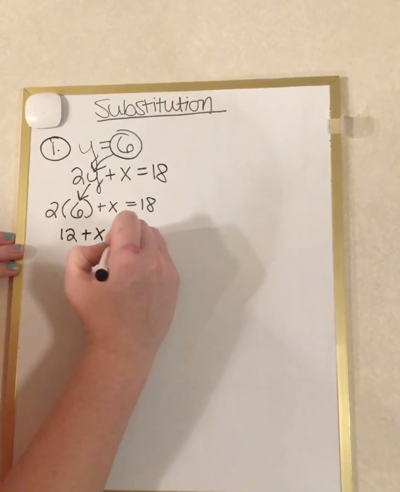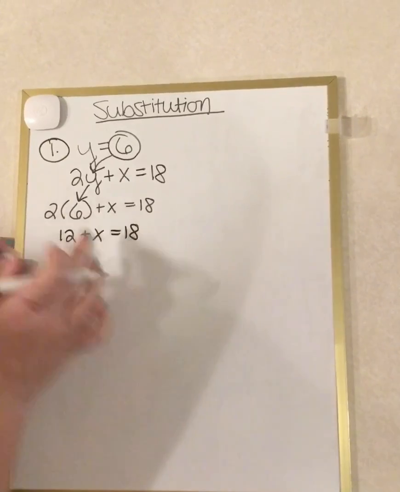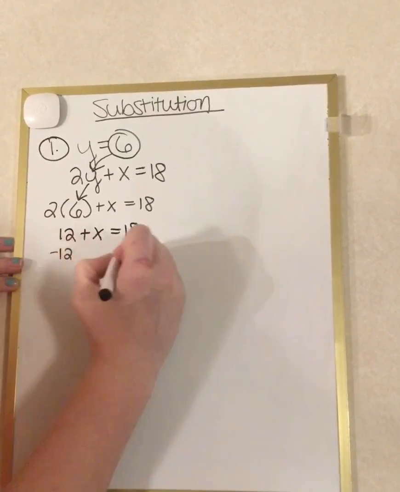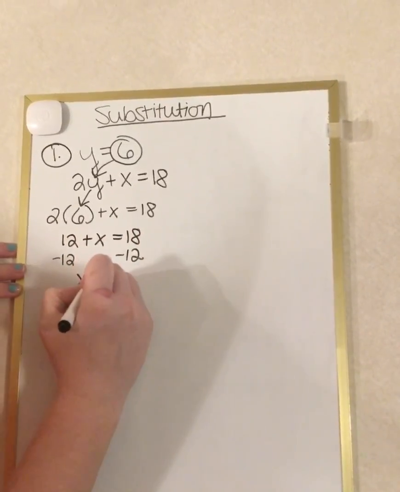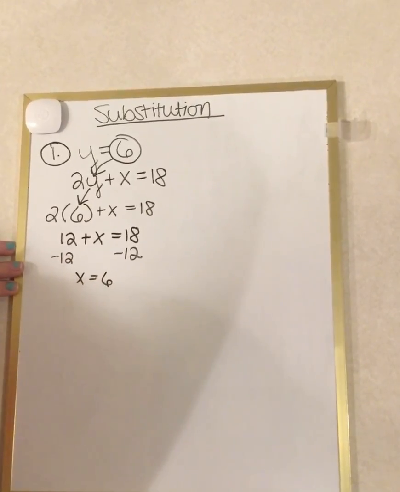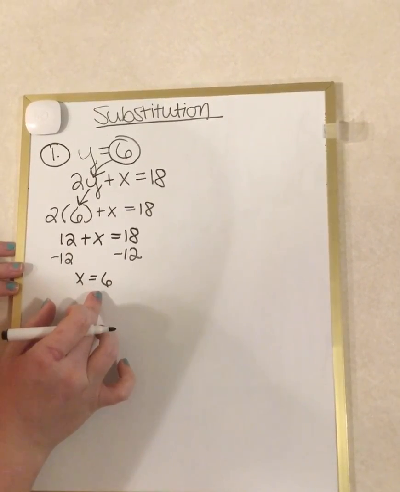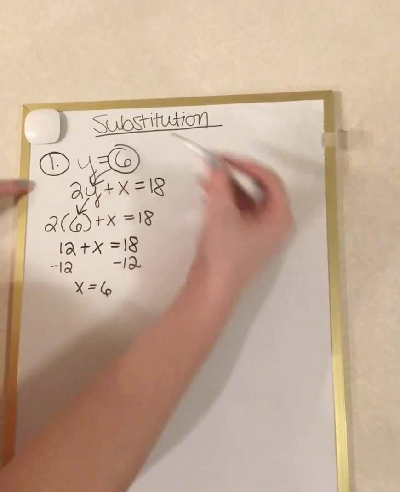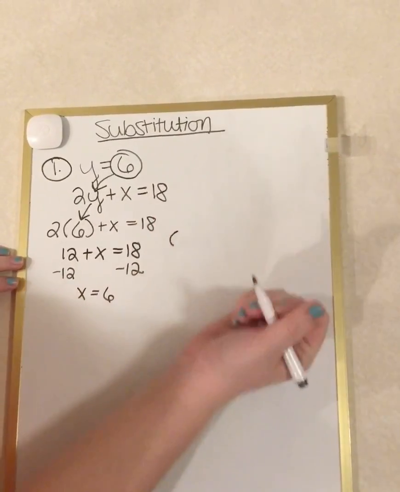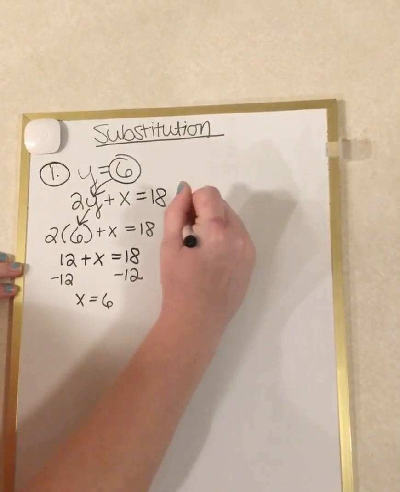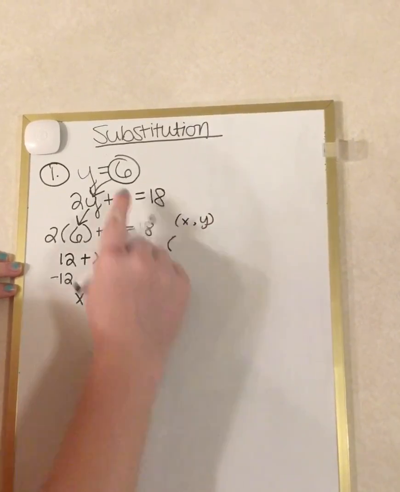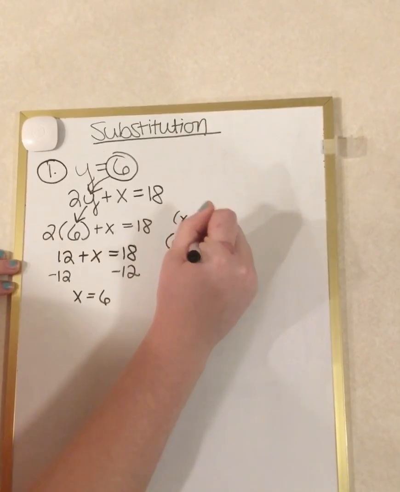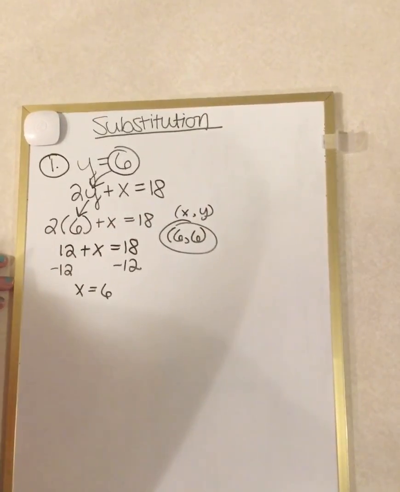We'll bring down our plus x equals 18. Then it's just a matter of subtracting 12 from both sides, and we get x equals 6. Now that I know x is 6, and the problem up here already told us that y is 6, our ordered pair, writing x before y, is 6, 6, and that's your answer for that one.